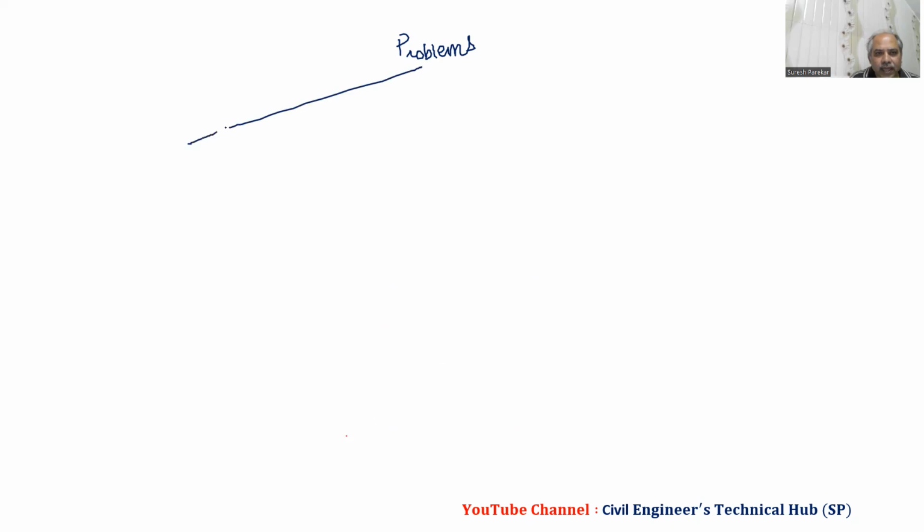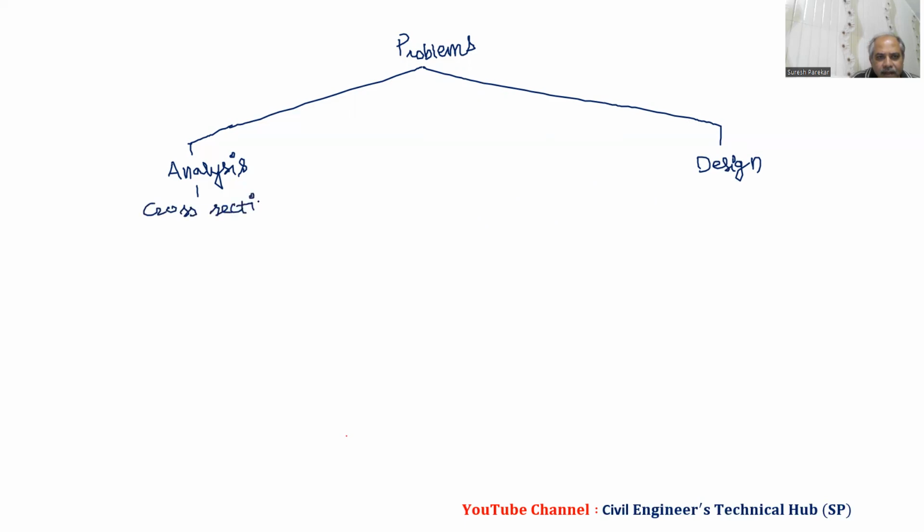We have either analysis, or we have to design the problems. Now we will see the difference between the two. In analysis, the cross section is given.